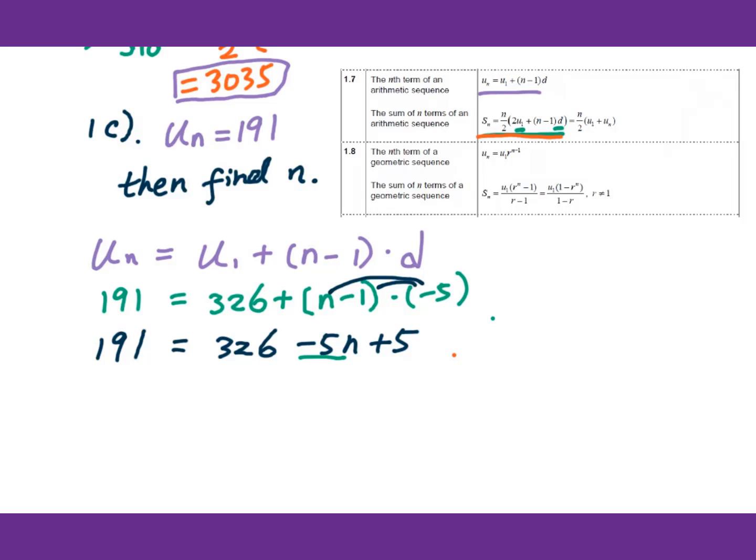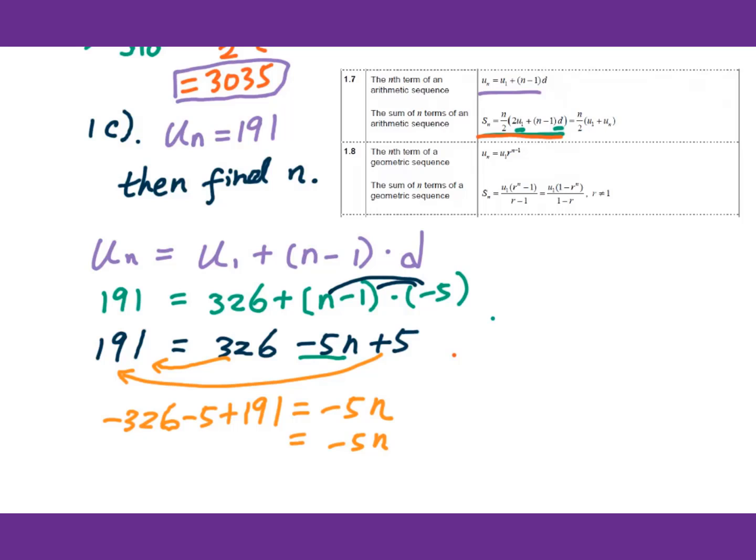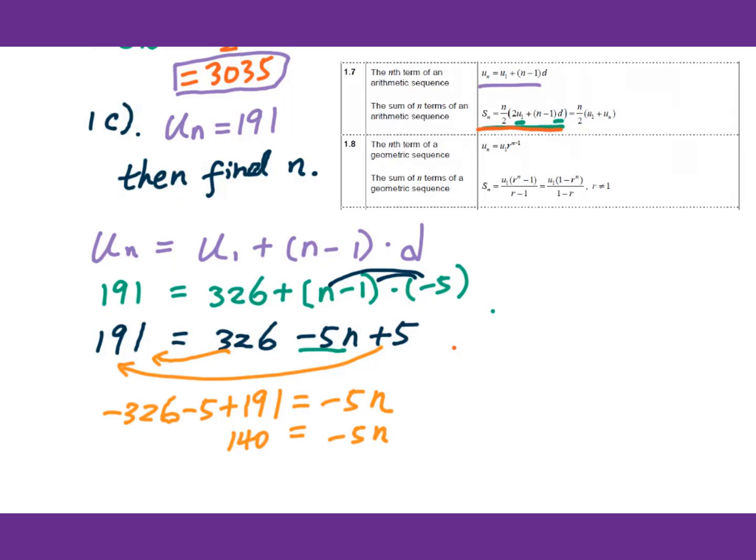So I will move these two to the other side. You will get negative 326 minus 5 plus 191 equals negative 5n. Then you divide both sides by negative 5. n equals 28.